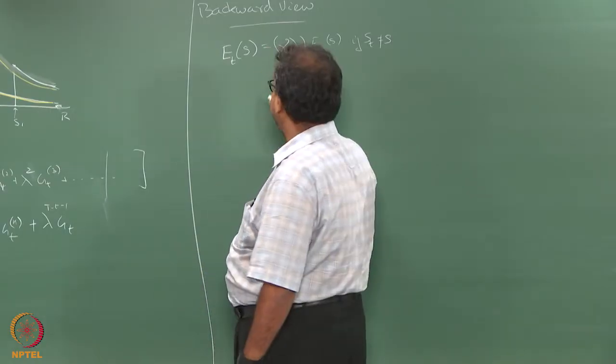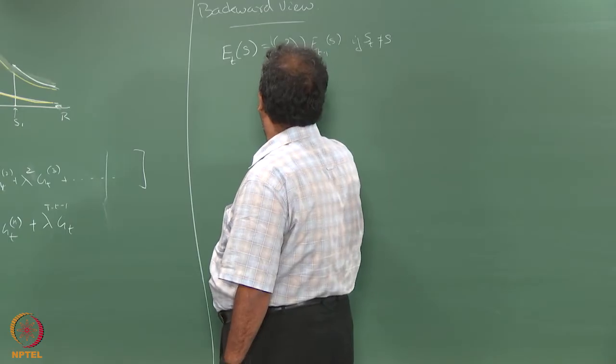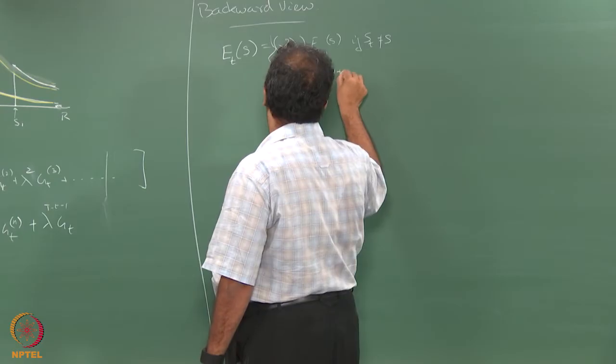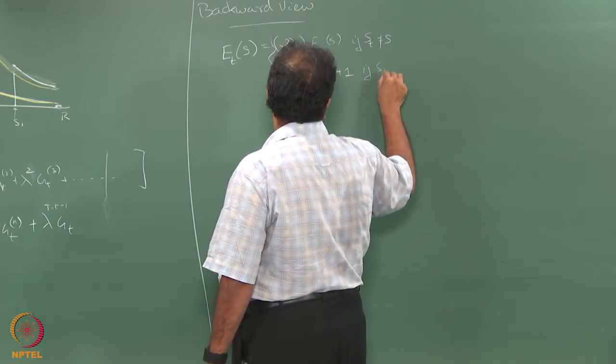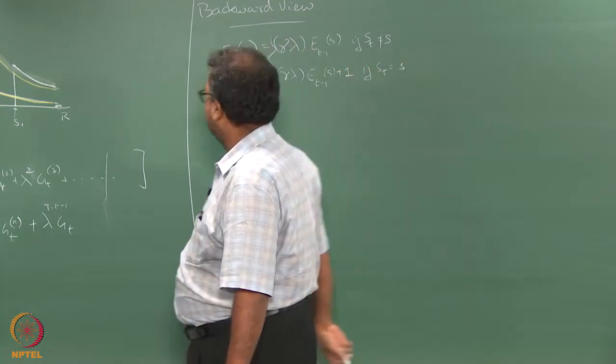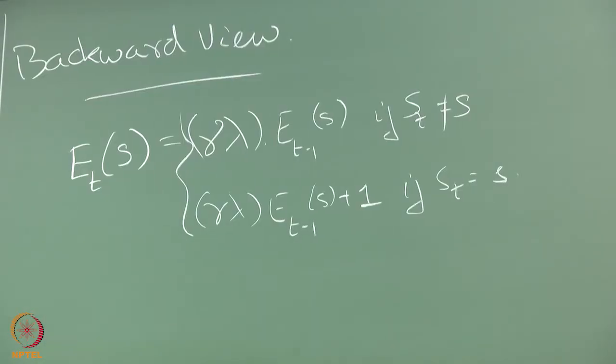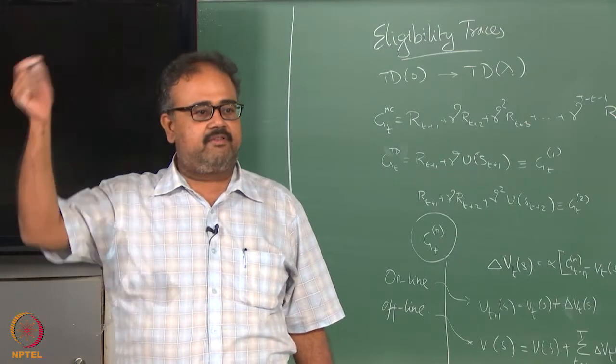If it is the current state, start off with all eligibilities as 0. So the first time I visit a state it will go to 1 and then from there it will start decaying.